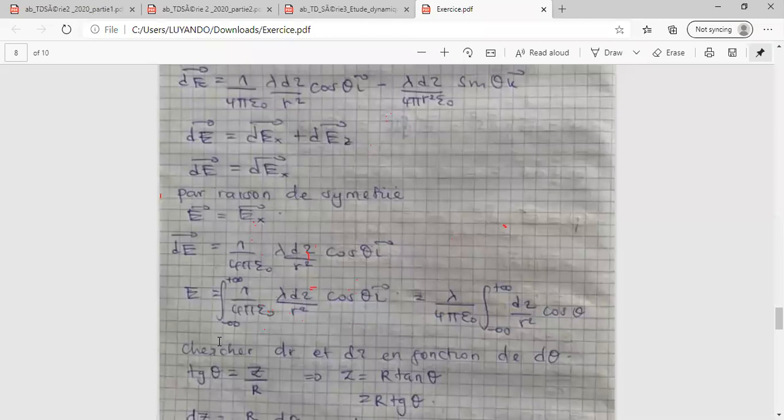This is my constant, so my constant goes before the integration symbol. So I'm going to have the integral from negative infinity to positive infinity of the field, dz over r squared, cos theta in the direction of x. So that's what I'm going to have there.